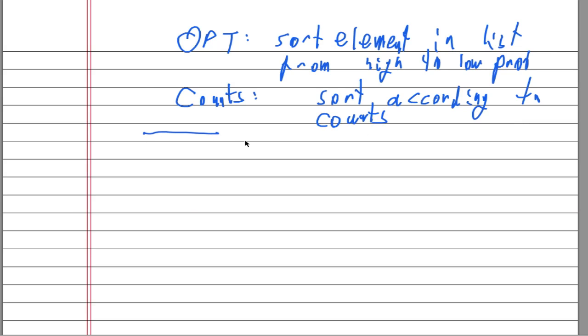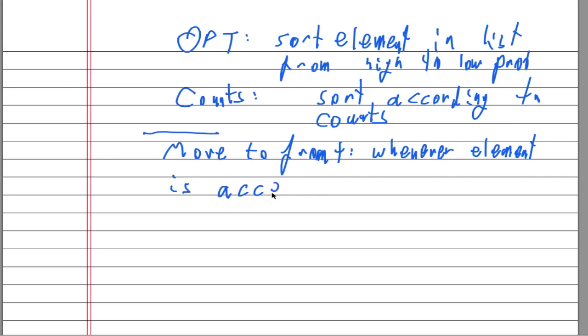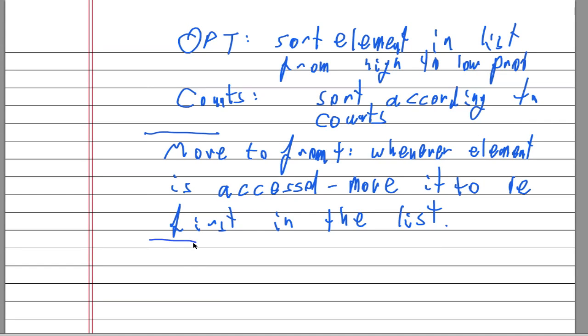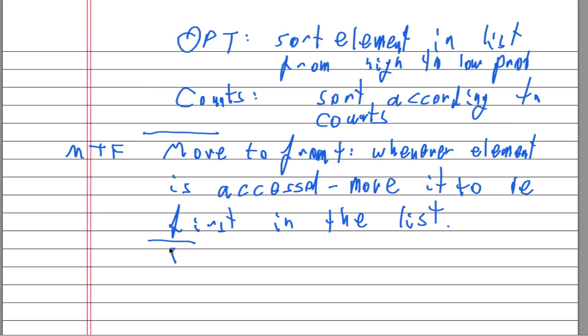Then we have methods that don't require counts, and the most well-known is move to front, which means that whenever an element is accessed, move it to be first in the list. And the other is swap.